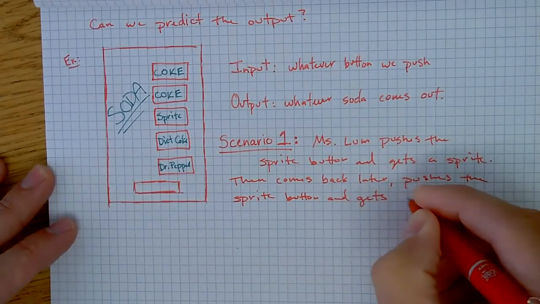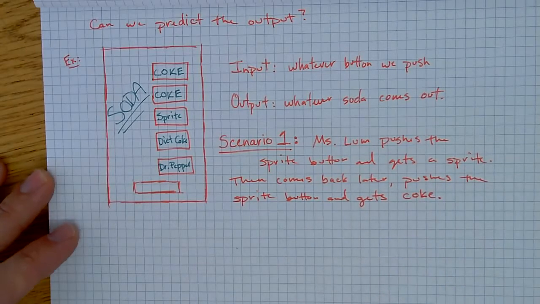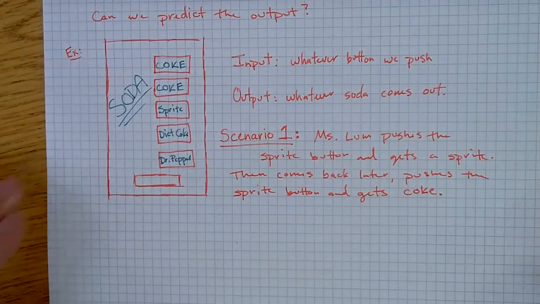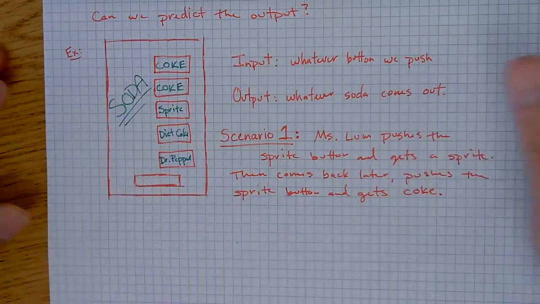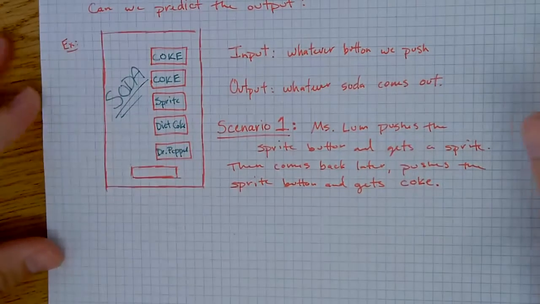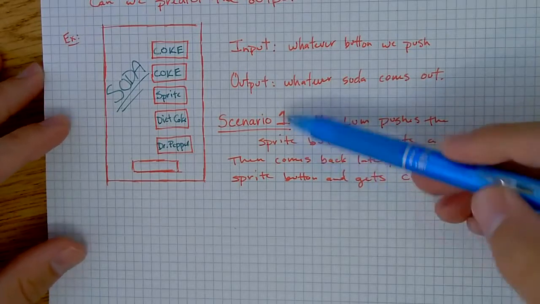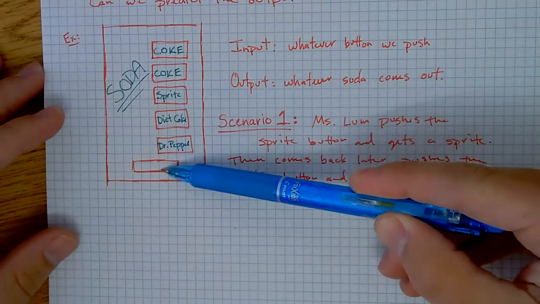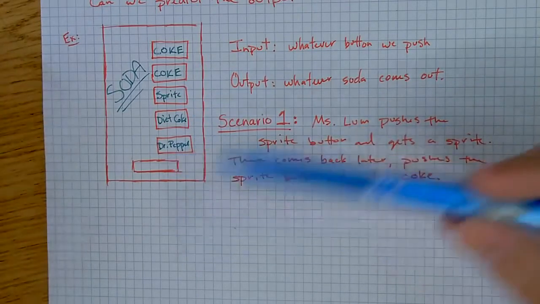But this time she gets a Coke. All right, so obviously common sense will tell you the machine's not working properly, right? First time she pushes the Sprite button, she gets a Sprite. Next time she comes back, pushes the Sprite button, looking to get another one, and this time a Coke comes out.